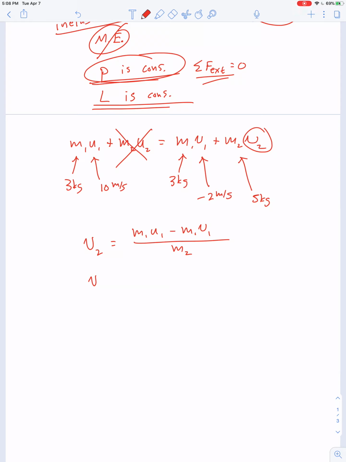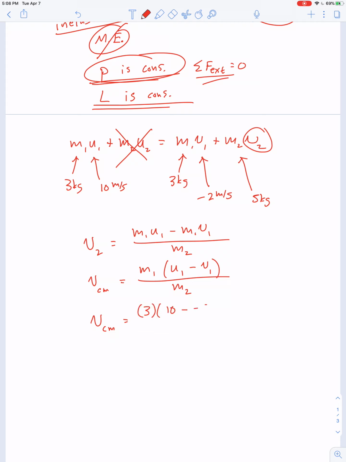So the velocity of the center of mass of the rod is equal to the mass of the ball times the difference between its initial speed and its final speed, all divided by the mass of the rod. So that means it's equal to 3 times 10 minus negative 2, all divided by 5.